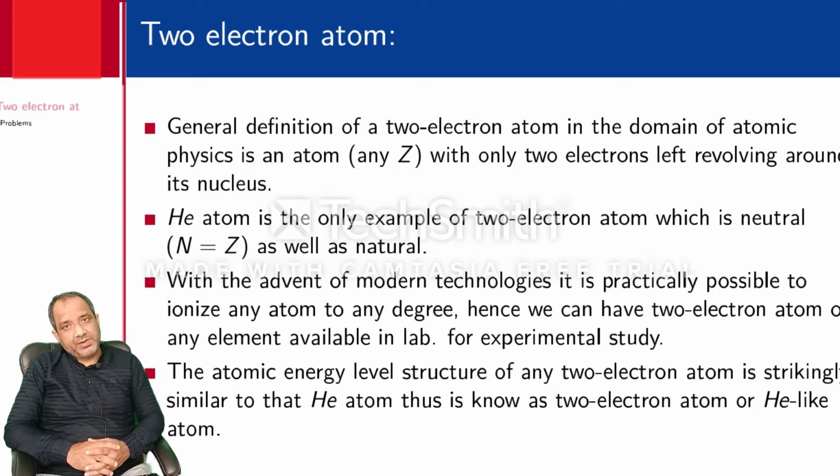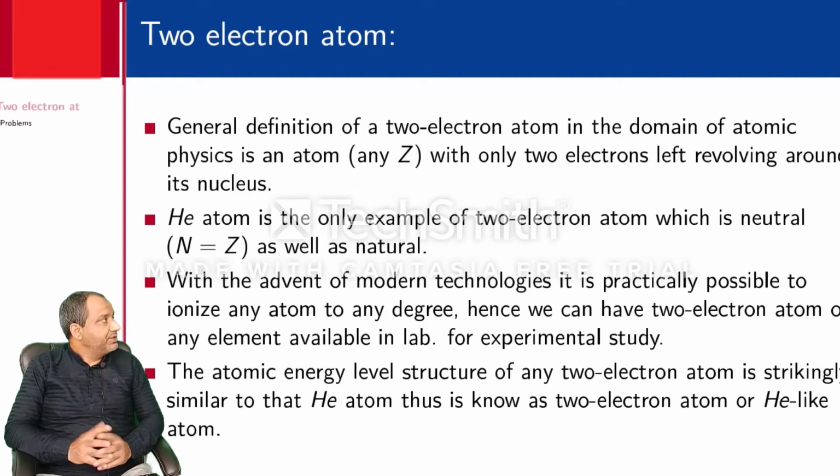Or you can ionize a carbon atom 4 times, so only 2 electrons are revolving around its nucleus. That will be a 2-electron atom with a carbon nucleus. Normally in general terminology you call them ions, but here we call them atoms. That's the basic difference. I think this point is clear to you.